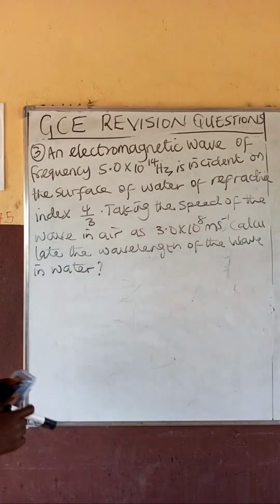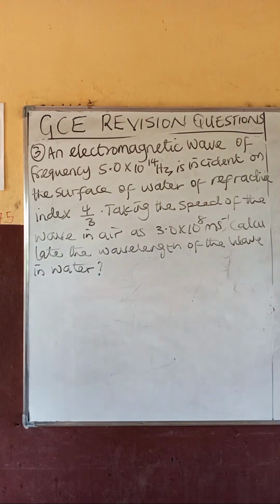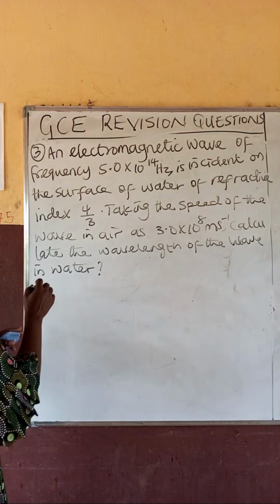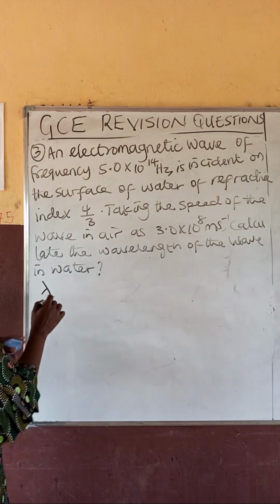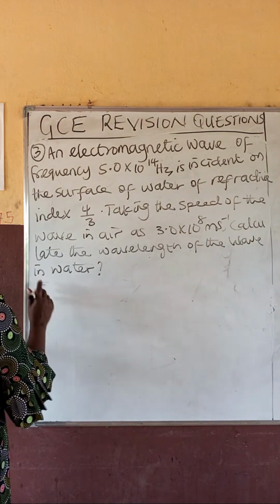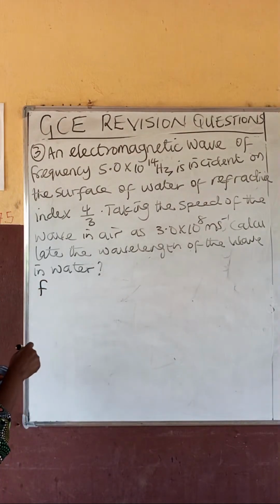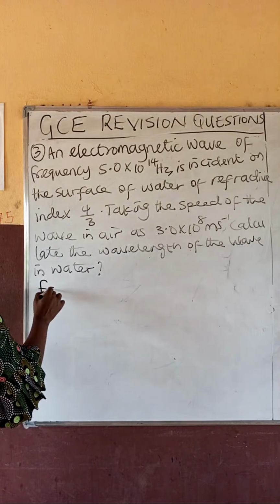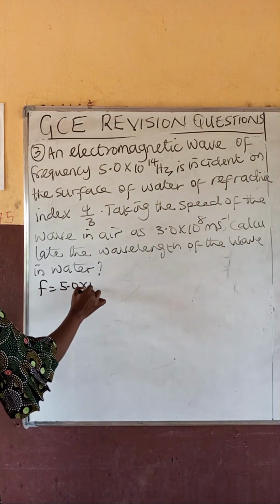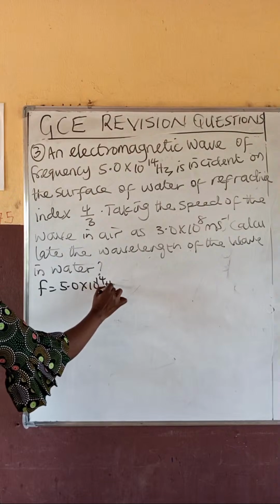Now, for us to do that, there is one thing that we must put into play. Let us set our parameters to see what we have. We have the frequency to be 5.0 times 10 raised to power 14 Hz.